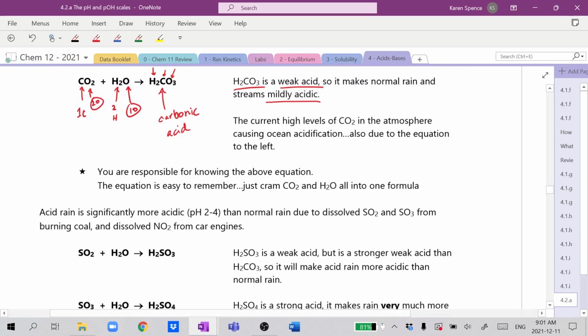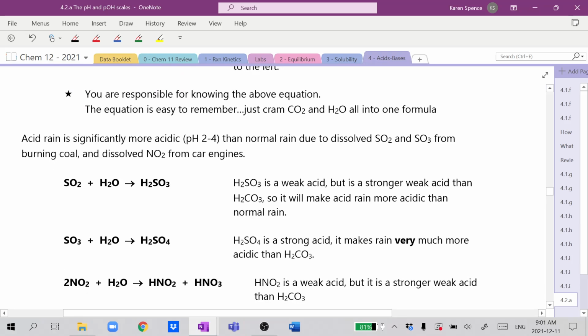Now, acid rain, which is a fairly nasty problem, is significantly more acidic than normal rain, and that is due to dissolved SO2 and SO3. And the SO2 and SO3 comes from burning coal, which has sulfur impurities.